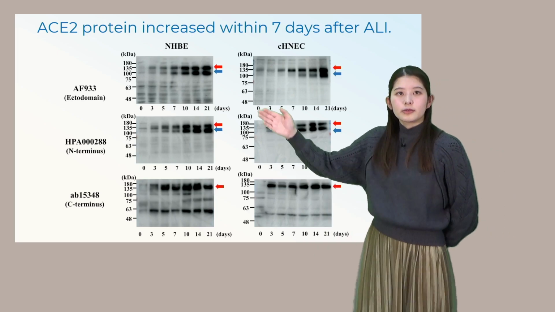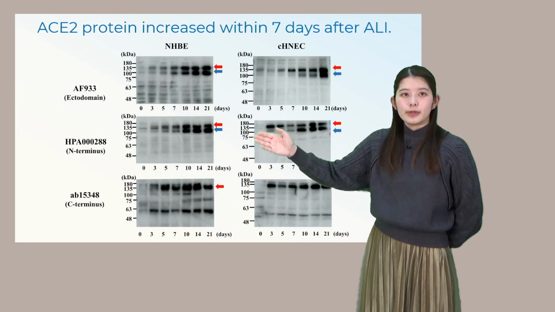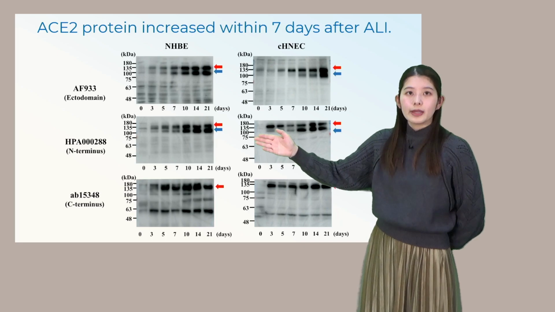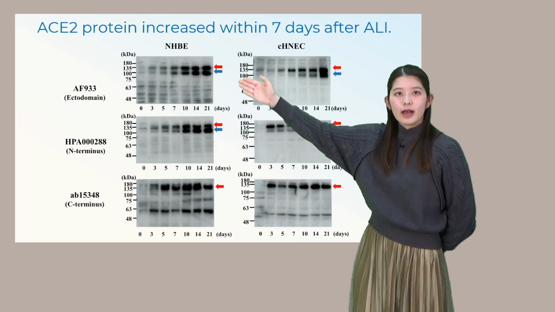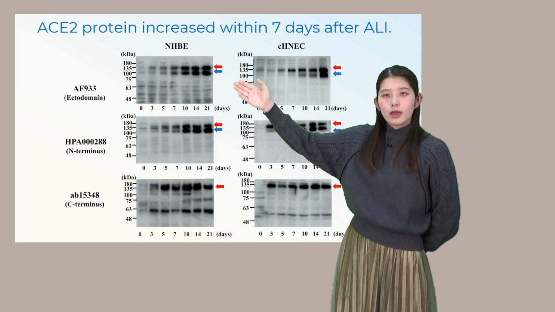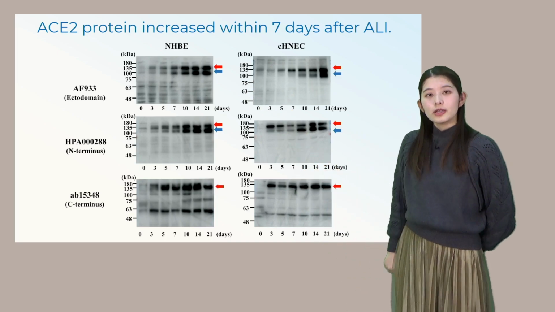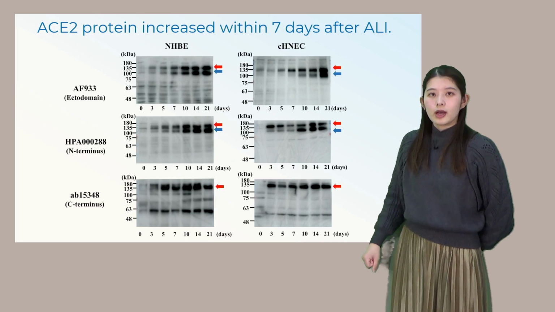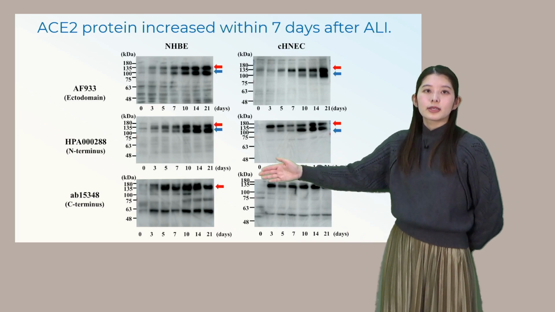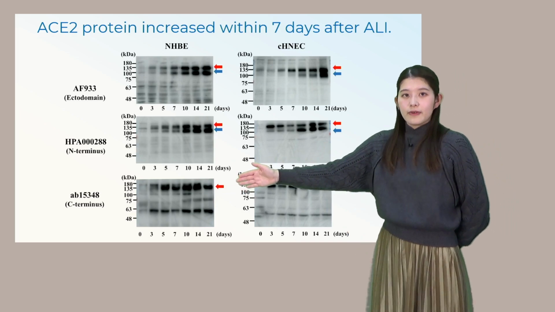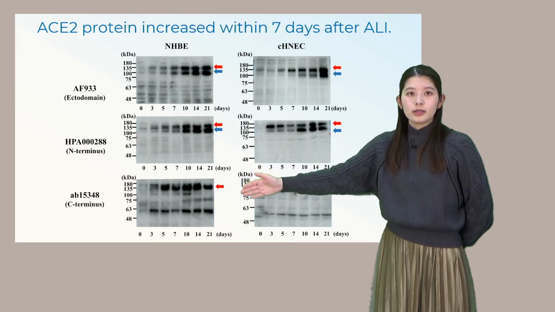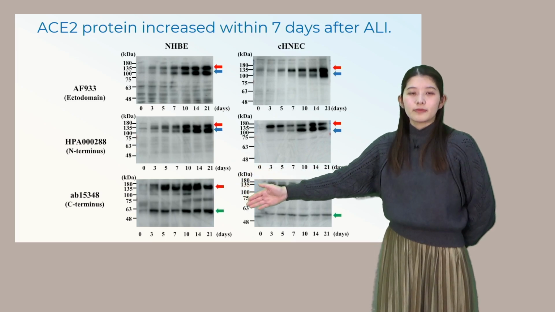With the antibodies AF933 and HPA00288, bands were detected at 135 and 100 kilodalton. On the other hand, AB15348, which recognizes the C-terminus of ACE2, detected a single band at 135 kilodalton, and it also detected a band at 50 kilodalton.